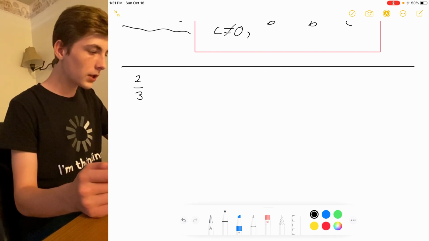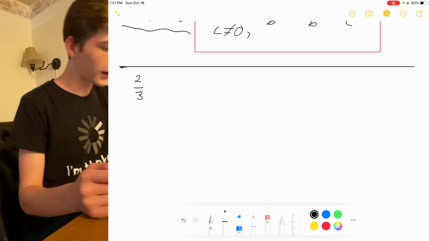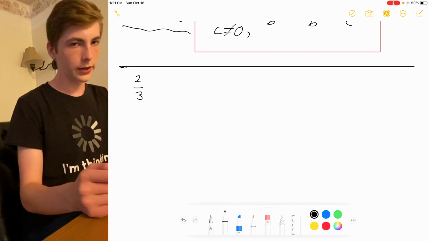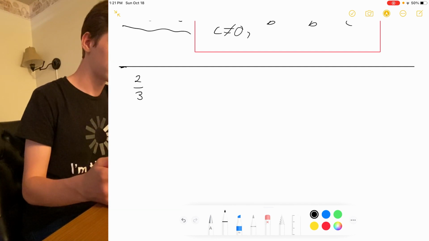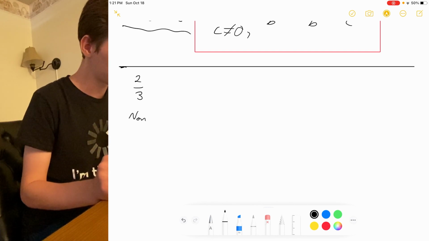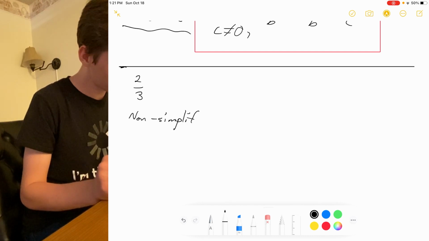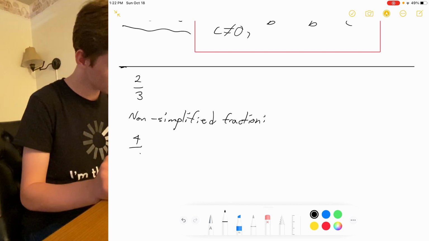Why? Because there are no common factors between the numerator and the denominator. To illustrate that, I'm going to give an example of a non-simplified fraction, the example we just worked with a second ago, 4/6.